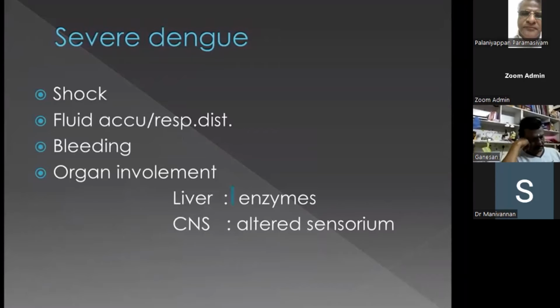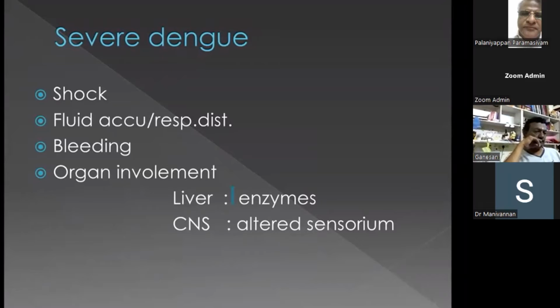So in severe dengue, how does it present? Most of the time they present with shock. The shock will be either compensated or uncompensated frank shock, with cold peripheries and cyanosis. Or else, sometimes they'll present with abdominal distension and respiratory distress because of the fluid leak.